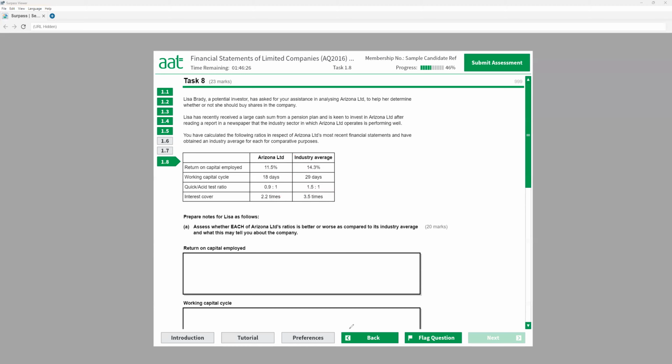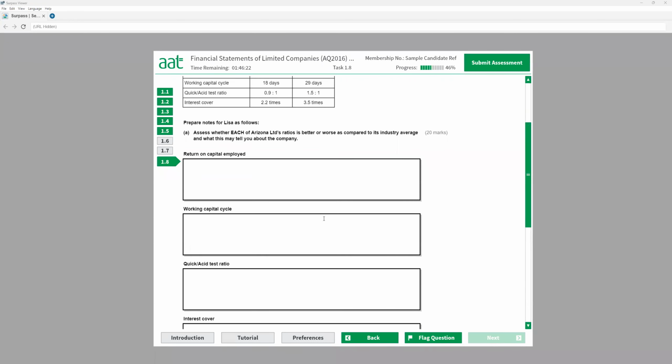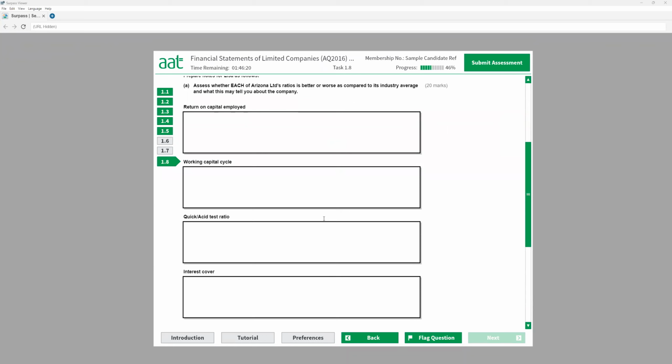Okay, let's have a look at what they're asking. They're asking for analysis. Return on capital employed, give some comment. So we'll say ROCE is less than the industry average.